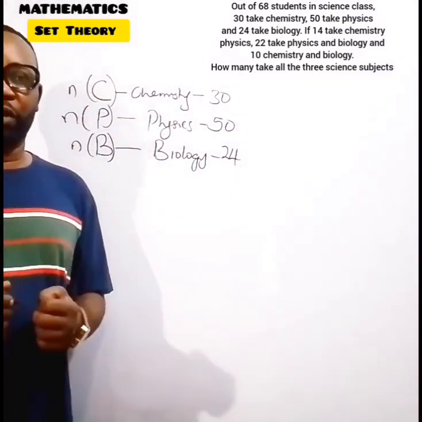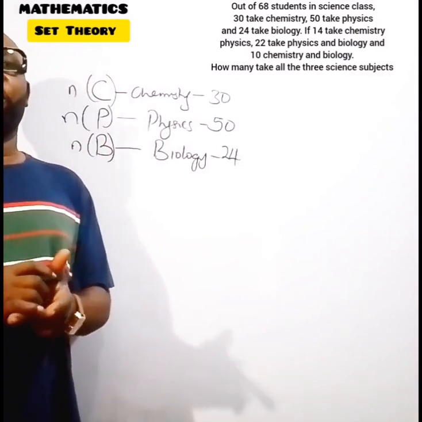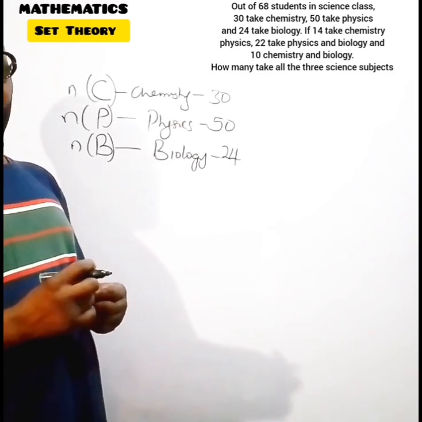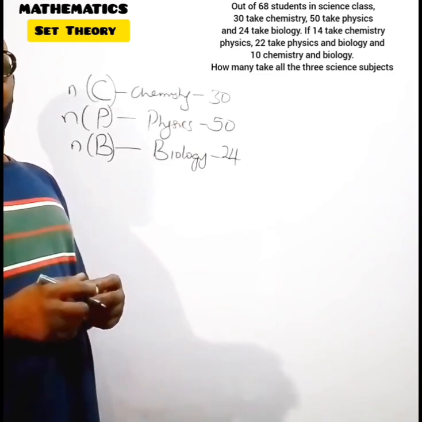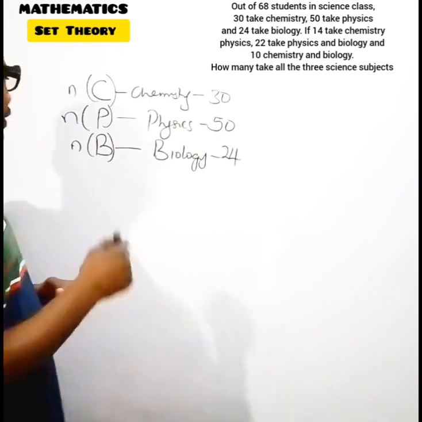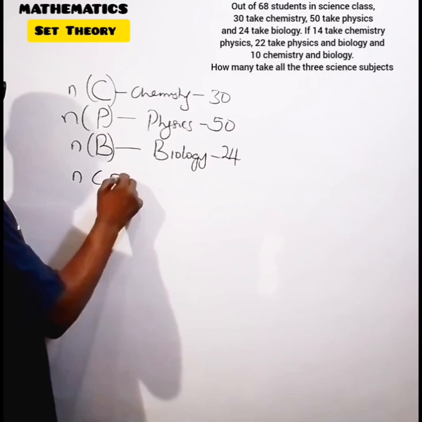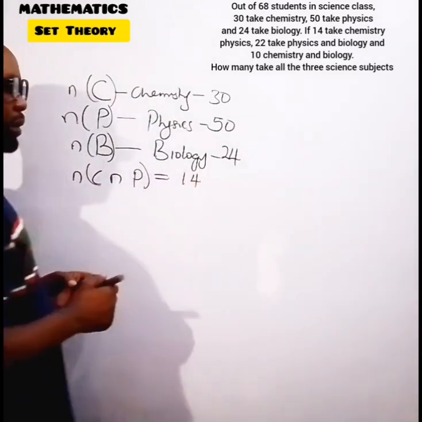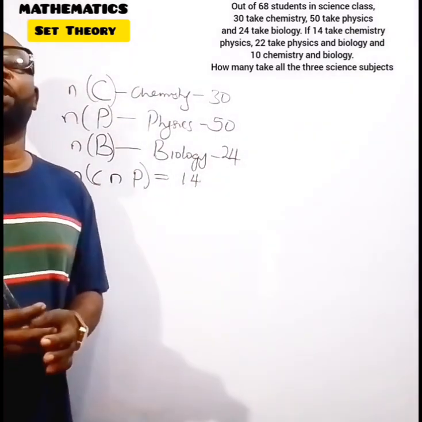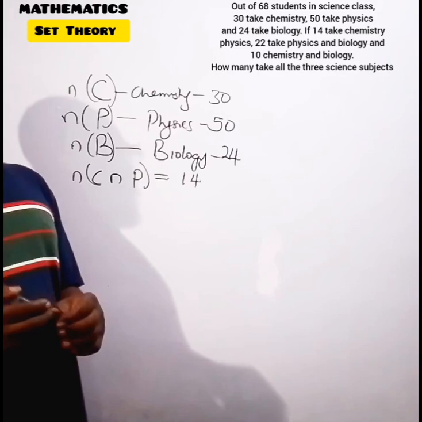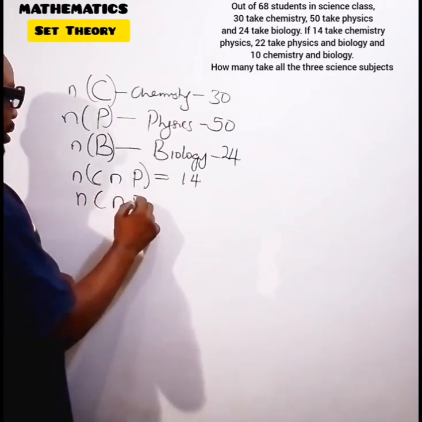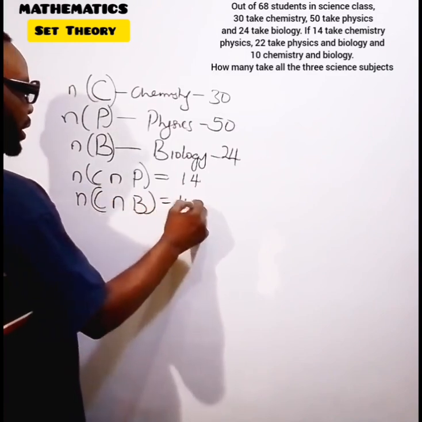The question goes further and says 14 take chemistry and physics. The number of chemistry intersection physics is 14. 10 take chemistry and biology. The number of chemistry intersection biology is equal to 10.